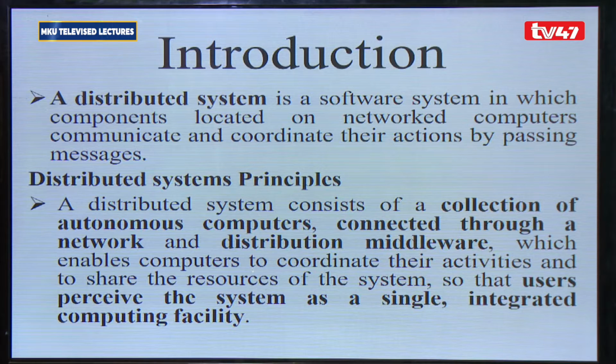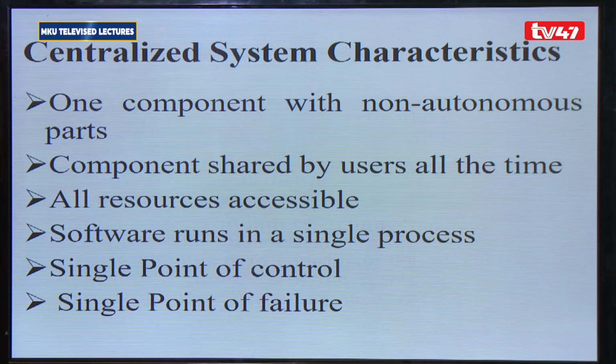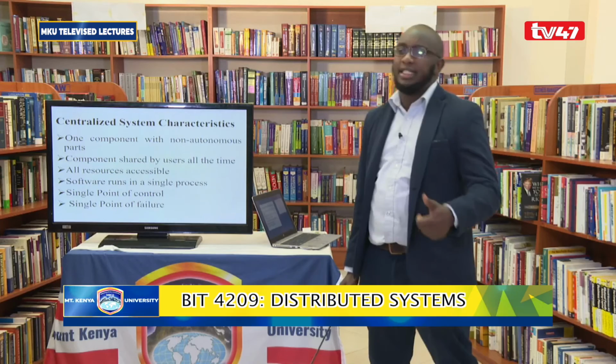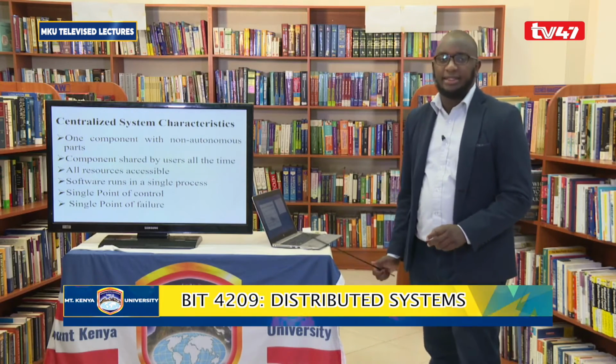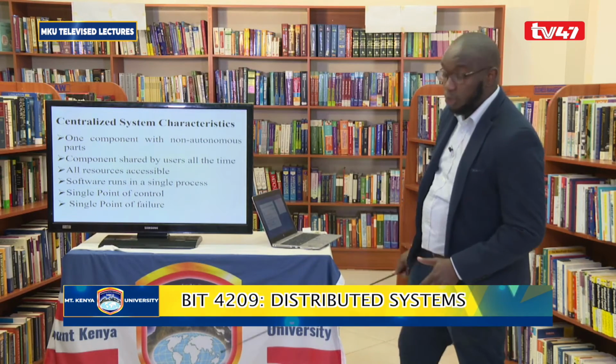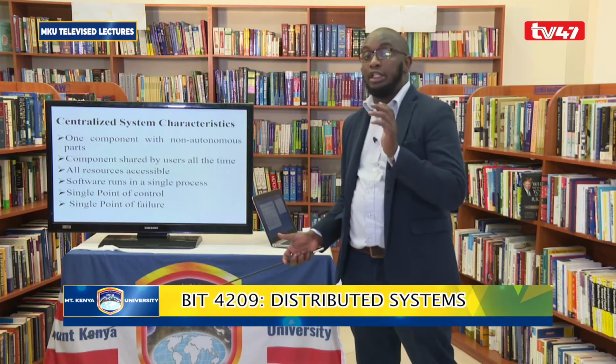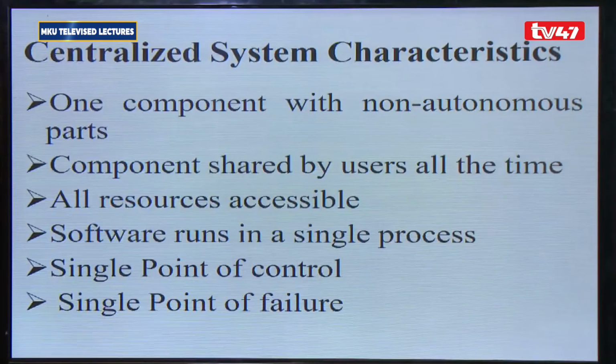What is the opposite of a distributed system, or where did we start before we came to the idea of the distributed system? We had a centralized system. By a centralized system, I mean, let me put it as, a standalone system. It's not autonomous.